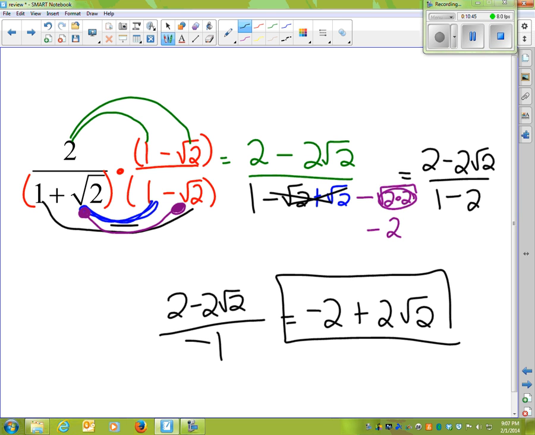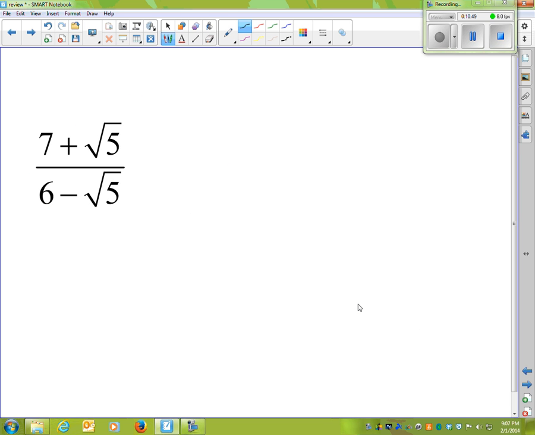We're going to do this one more time in the next example, where you have a binomial in both the numerator and the denominator. I still want to multiply by the conjugate of the denominator. It's all about the denominator. Use the exact same terms, 6 and radical 5.